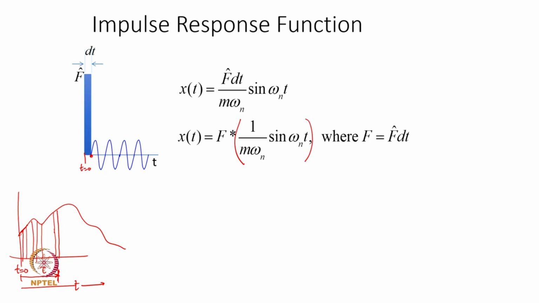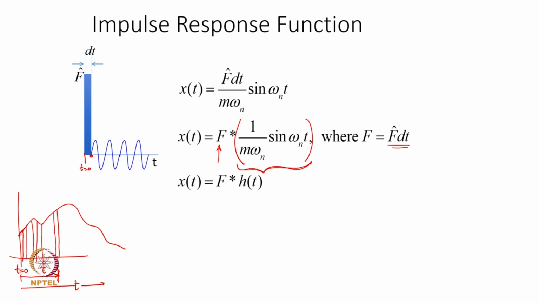So, this is called the unit impulse response function, where f is f cap dt as the impulse value, the amplitude of the impulse. This is a unit impulse response function because if it is multiplied with the actual strength of the impulse, what you get is the corresponding response to an impulse having a value of f cap dt.